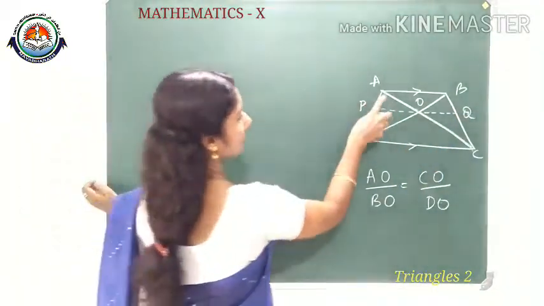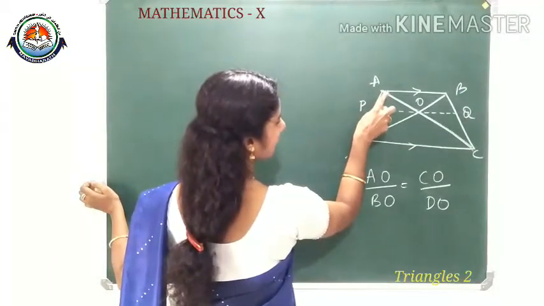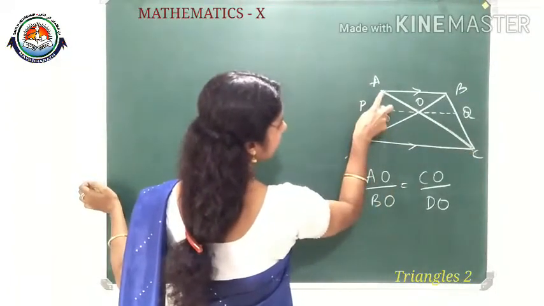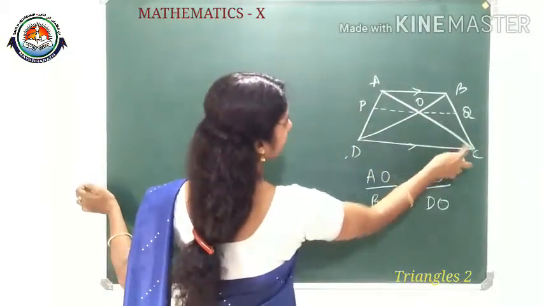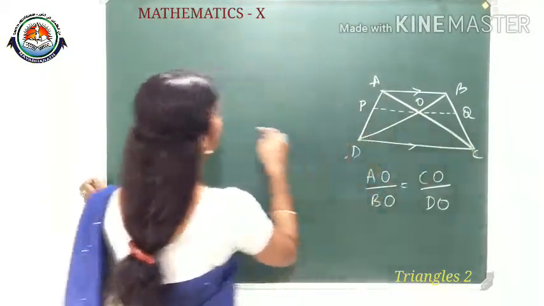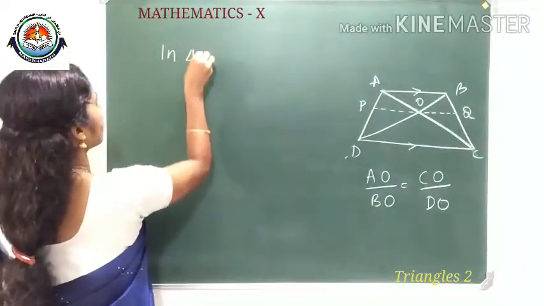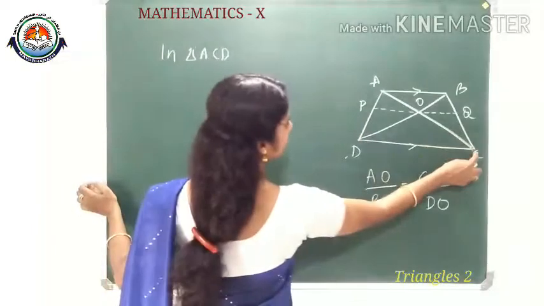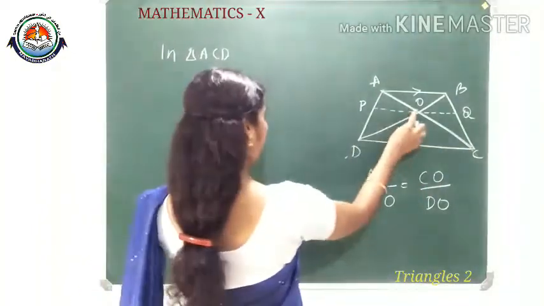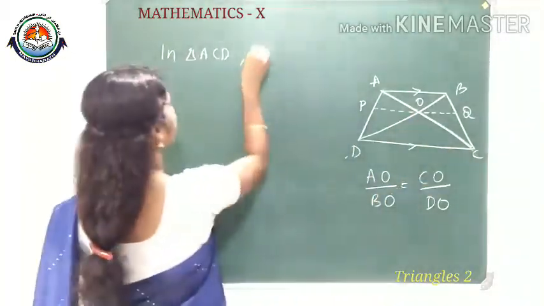So we are going to find a triangle having the side AC. So we can take the triangle ACD. Okay, so in triangle ACD, why did I take this triangle? PO is parallel to DC.